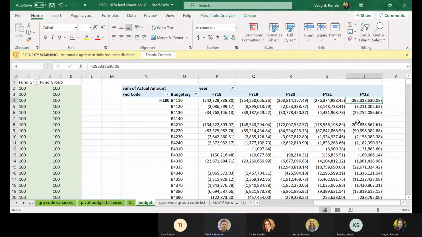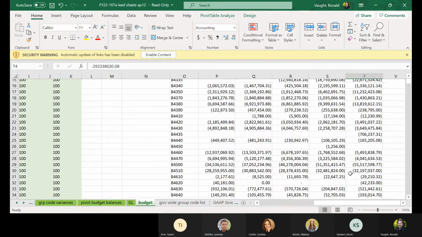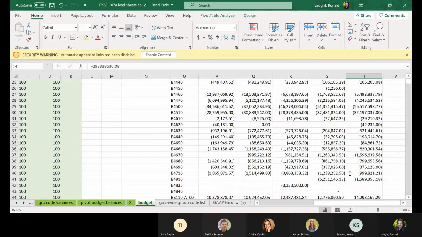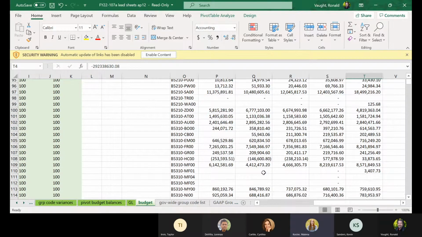Just wondering, if we're going to fix the group code, then it's possible that it's not only Fund 100, that there's some more. Your connection sounds like it's maybe not that great, Lorenzo, but I think what you're saying is that it might impact other funds as well if we're making that group code change.